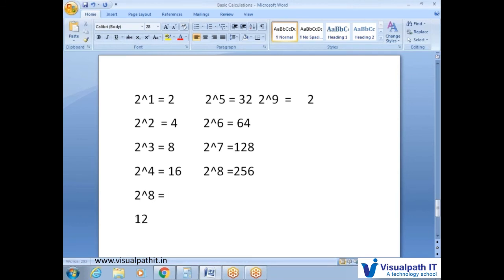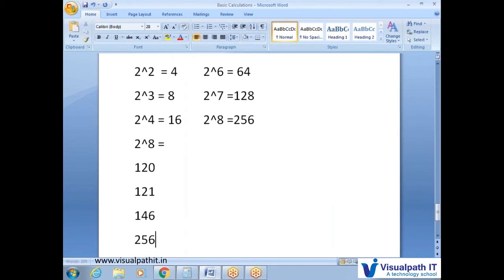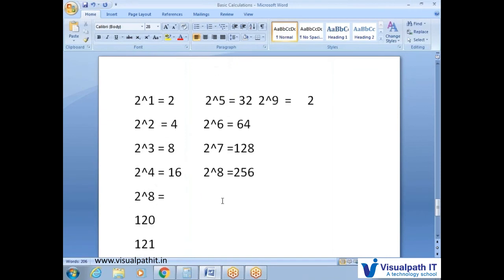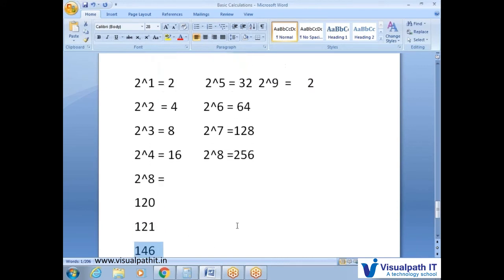Option A 120, option B 121, option C 146, option D 256. Clear? First, the value of 2 power 4 has ending value 6. Again 2 power 8, what is the ending value? 6. But here two options end in 6: 256 and 146. Which one is the correct answer?